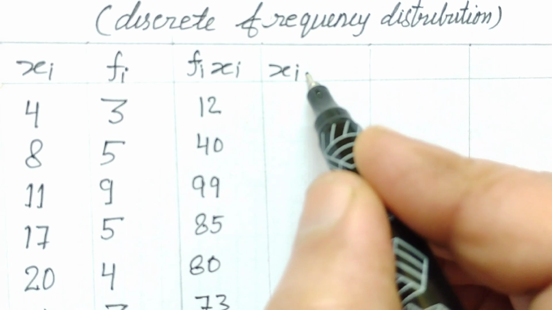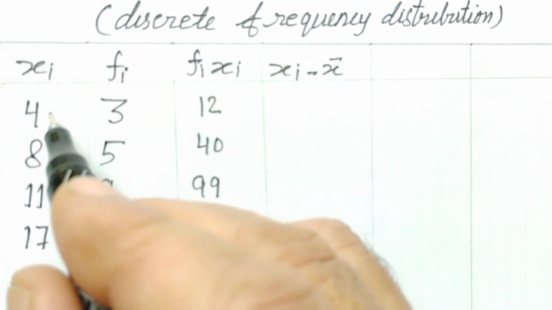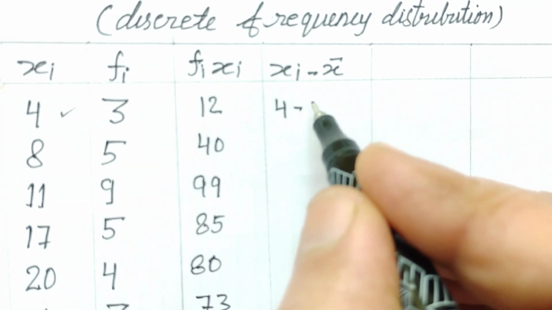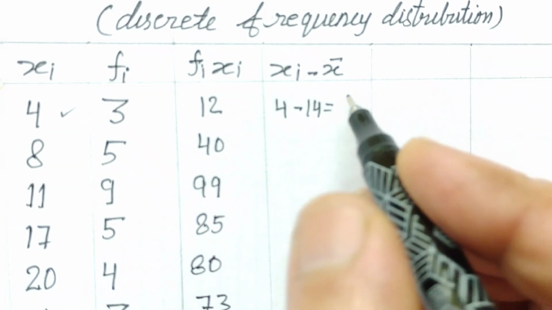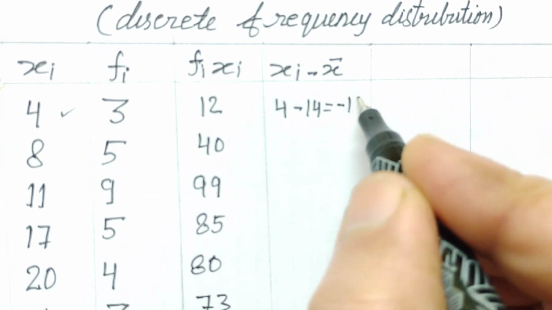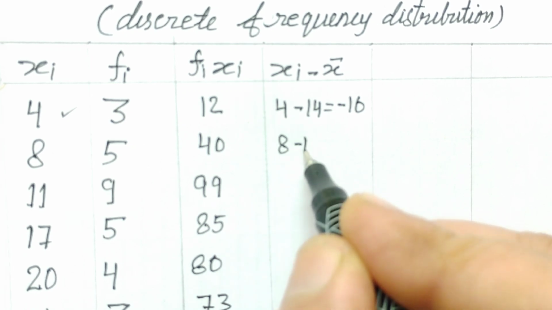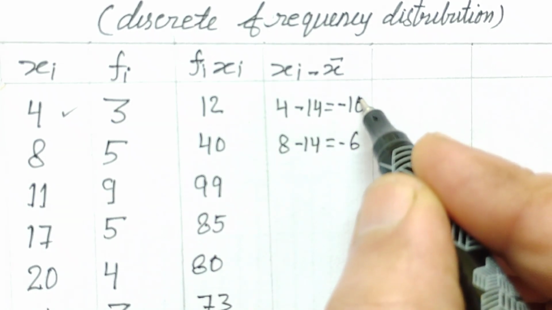xi minus x bar. So xi as 4 minus 14 is equal to minus 10, and 8 minus 14 is equal to minus 6.